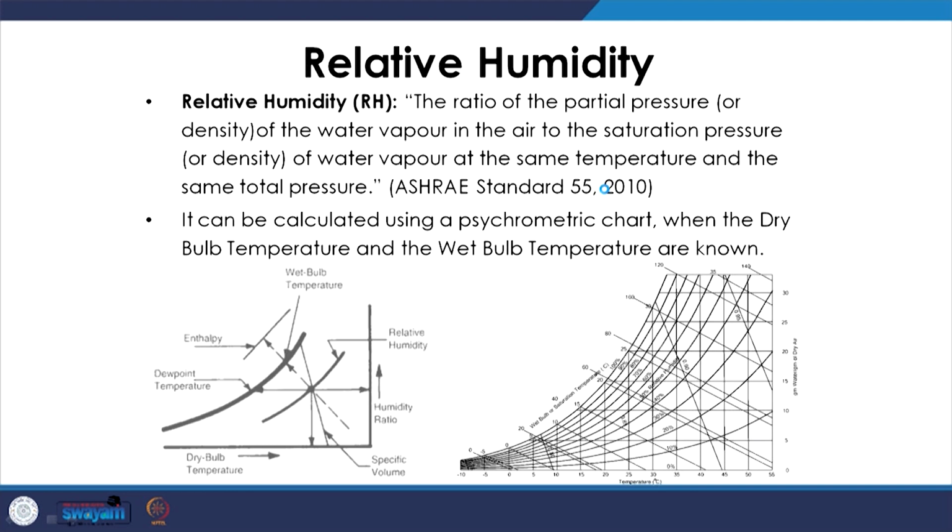So, what percentage of that saturation pressure or density is present at a given point of time is what relative humidity is, and it is a very common terminology used to define the environmental factors of a given place at a given time.